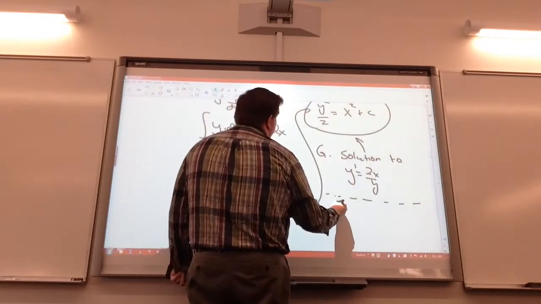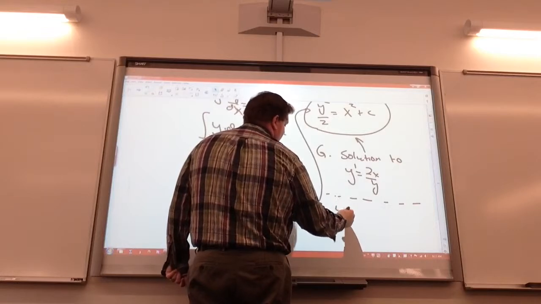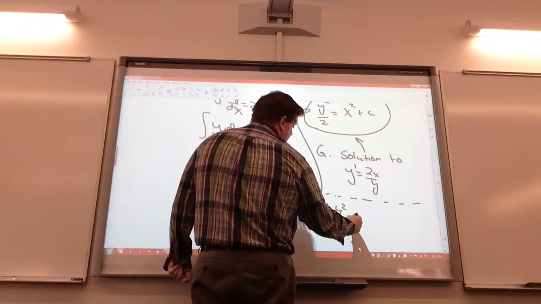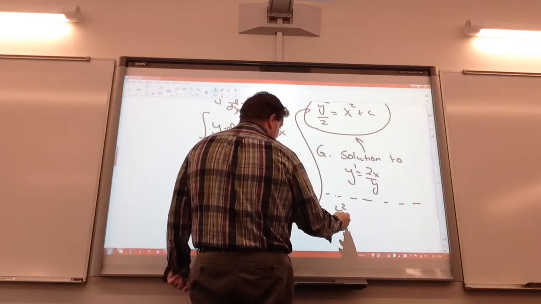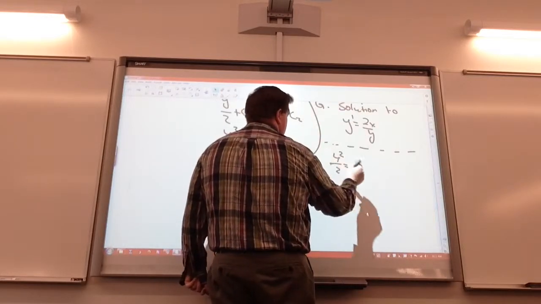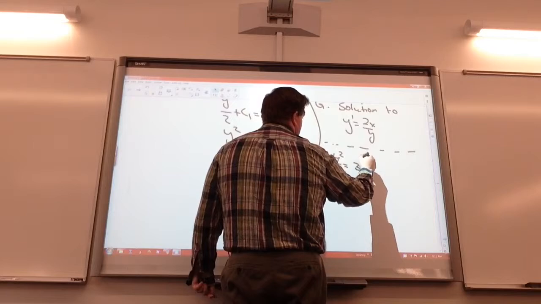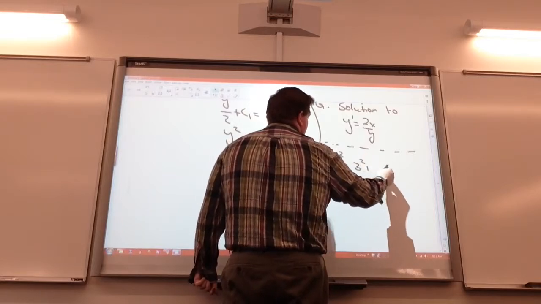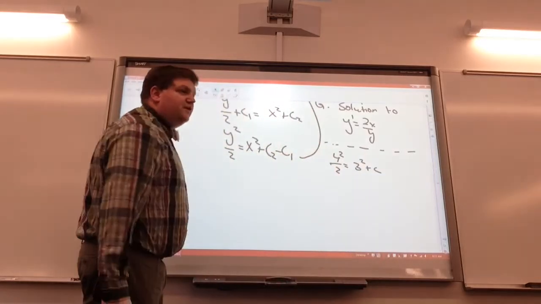So it's going to be, y was 4, so it would be 4 squared over 2 equals 3 squared plus C, okay? And then we're just solving for C at that point.